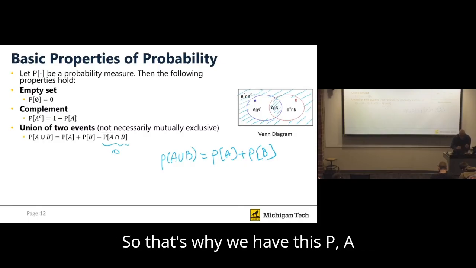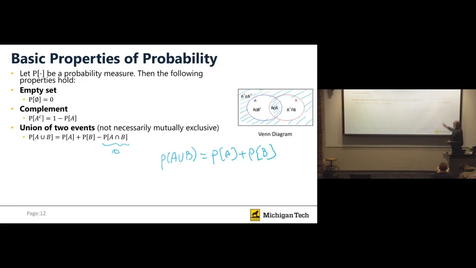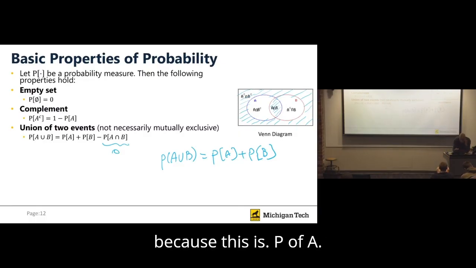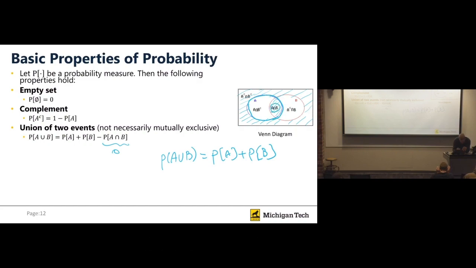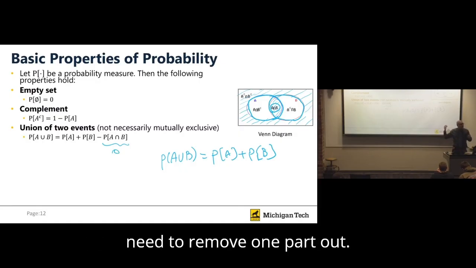That's why we have P of A and B. Again, I explain: in P of A, we already have P of A and B. In P of B, we also already have P of A and B. So we add them two times, and we need to remove one part.